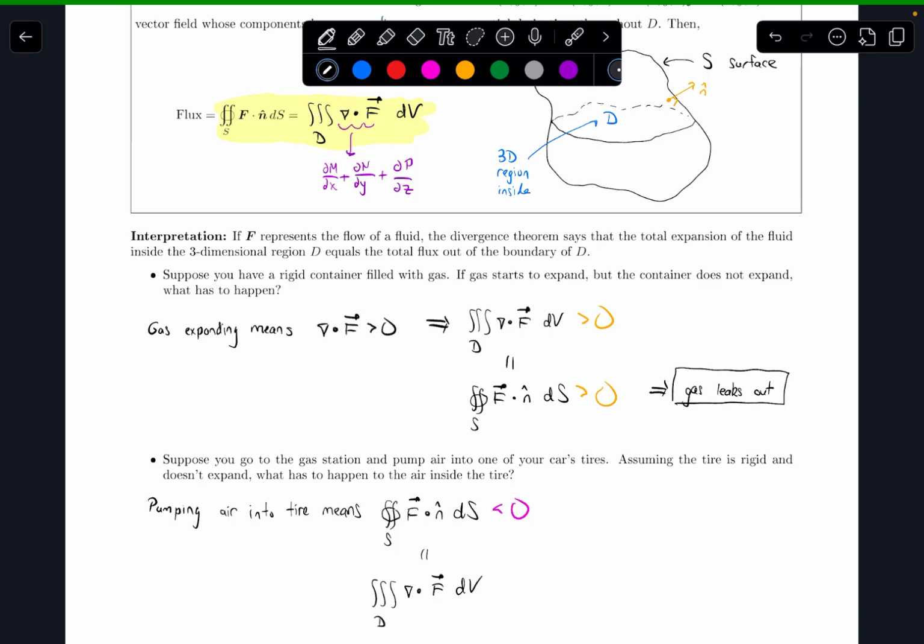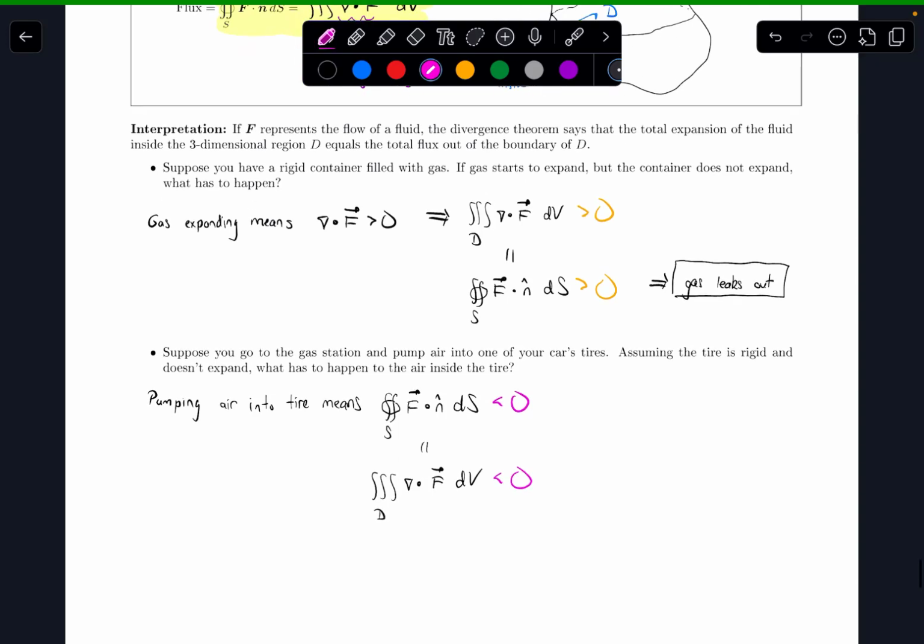So that has got to be less than 0. And for this triple integral to be less than 0, the places where this function inside is negative have got to outweigh the places where it's positive. So generally, this divergence has to be negative.